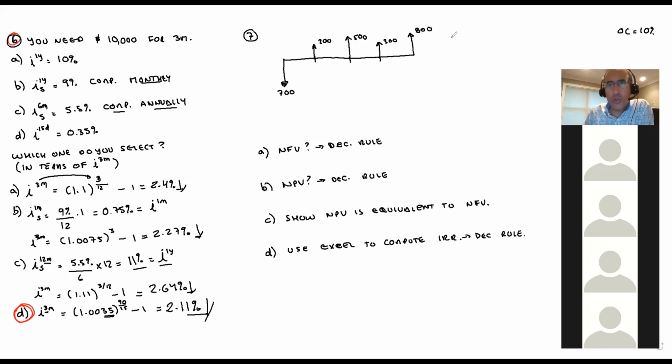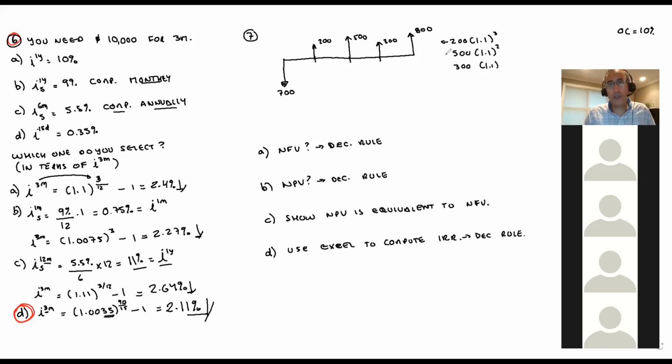Okay. So my 200, if I move the 200, 1, 2, 3 periods, this is going to be 200 times 1.1 to the power 3. The 500 is going to be 500 times 1.1 to the power 2. And the 300 is going to be times 1.1, got it?